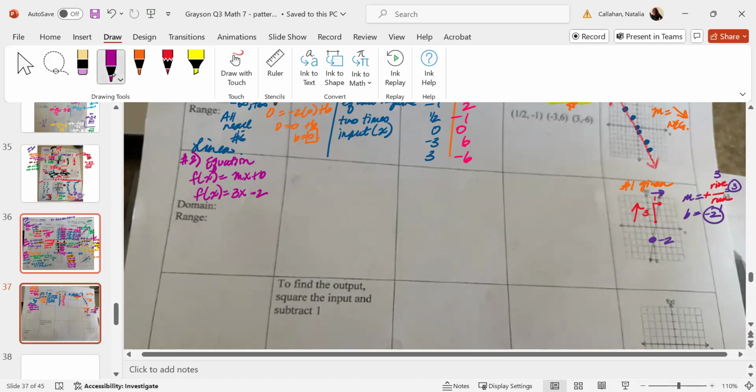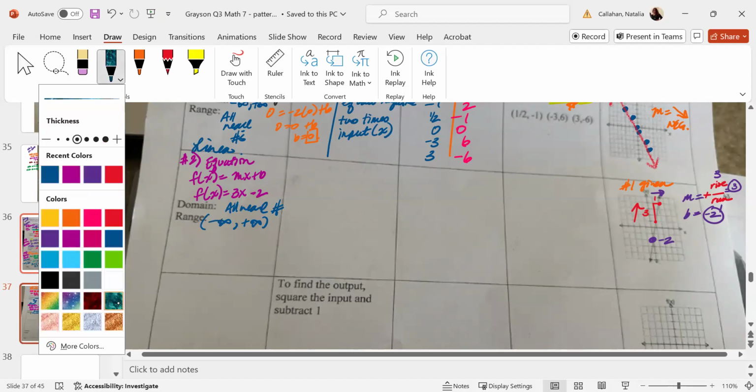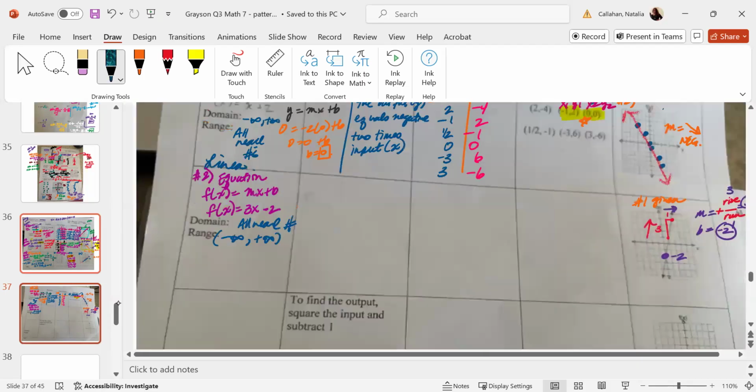What's your domain and range? Now that I have the equation, what are you going to write for the word rule?